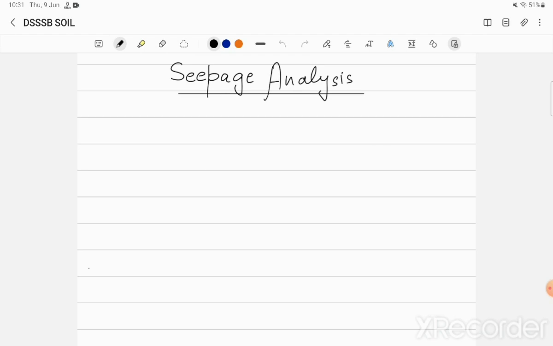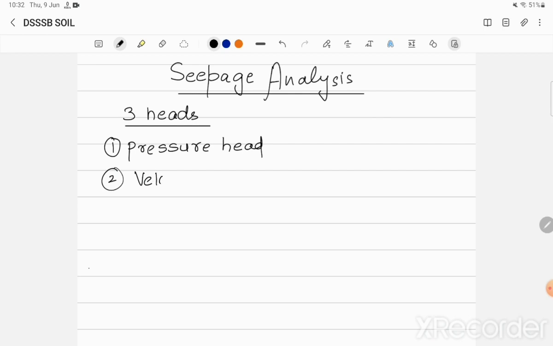So before we start into seepage analysis, I would like to discuss the three heads which we generally study in fluid mechanics, and those three heads are pressure head, second one is velocity head, and the third one is datum head.